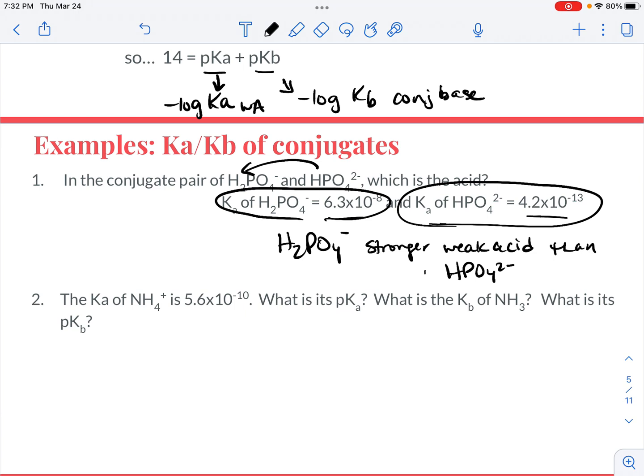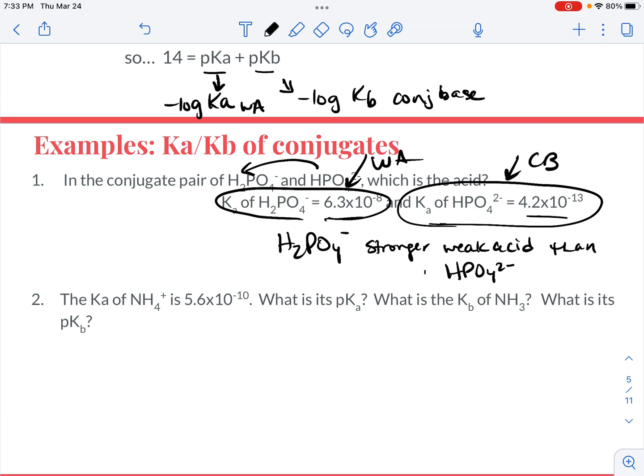Because H2PO4 minus is more likely to be the weak acid, in our equation we would know that this is the weak acid and this would be its conjugate base, okay?